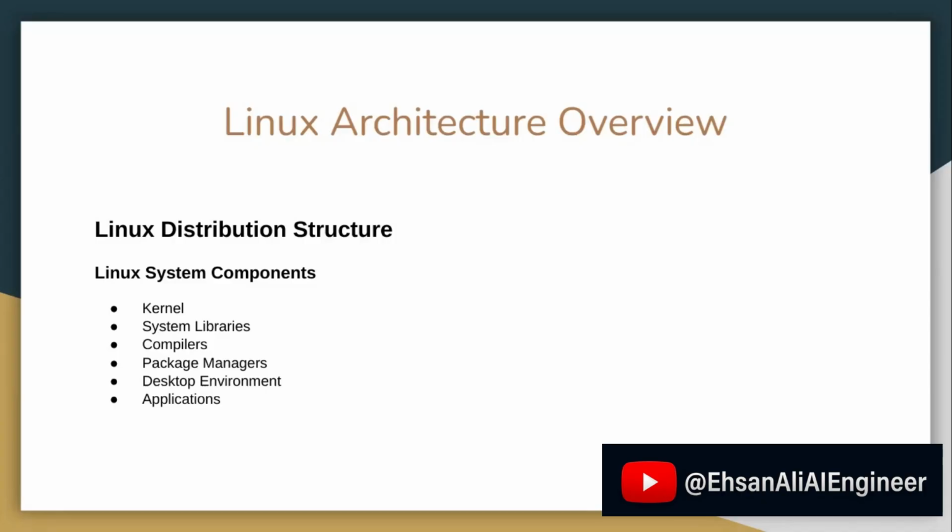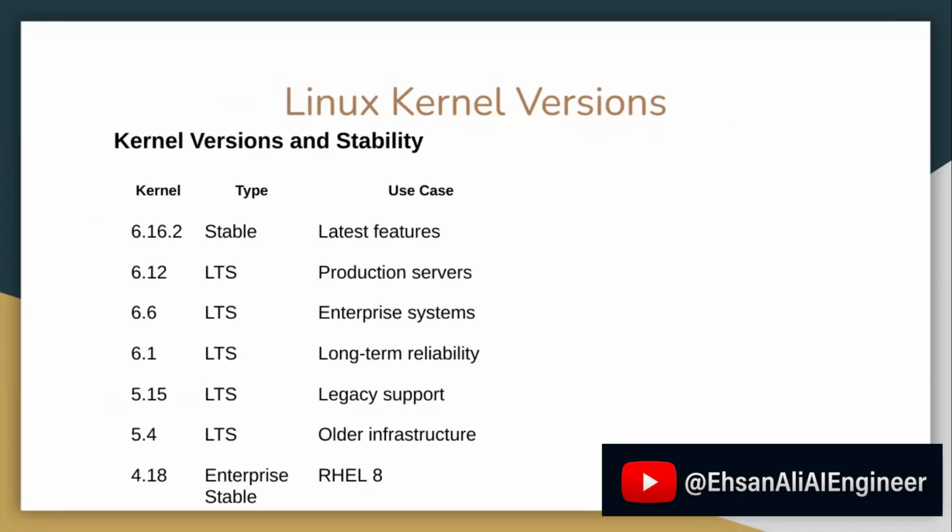So let me explain these points with some more detail. Linux development moves very quickly and new kernel versions are released regularly. Some versions are designated as stable releases, while others receive long-term support, commonly known as LTS support.